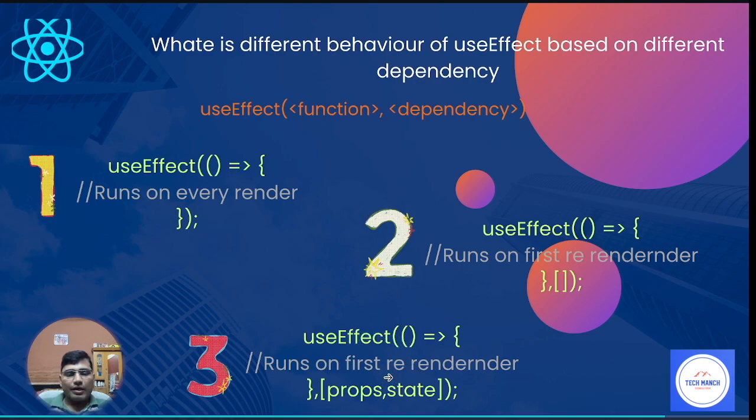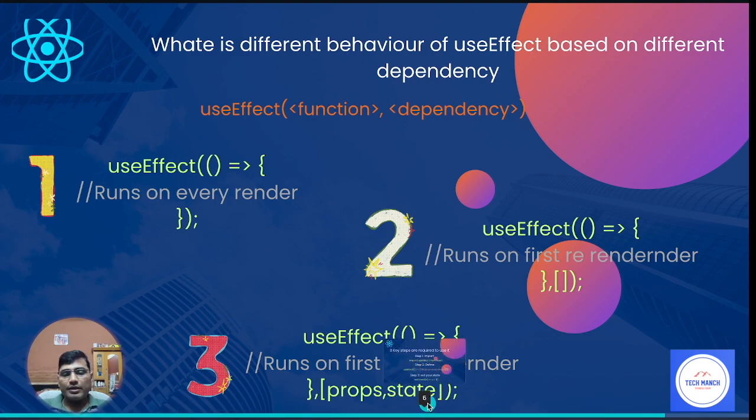And if there is another property, let's suppose a loginSuccessful state, and you are not passing it as a parameter here, then in that case it would not be called.